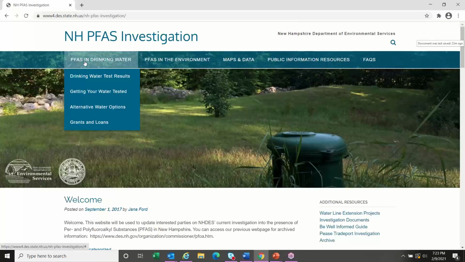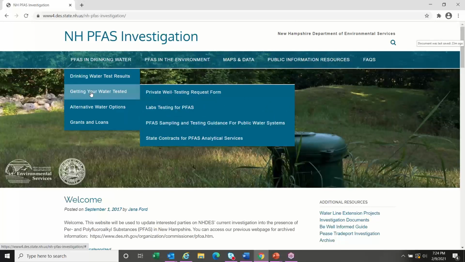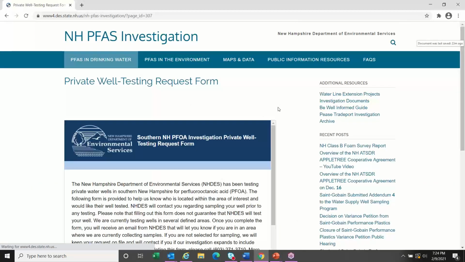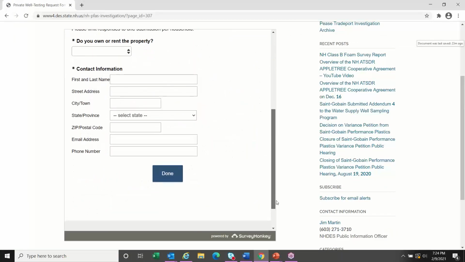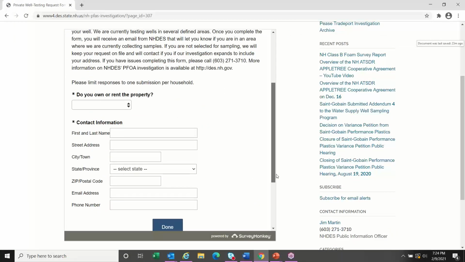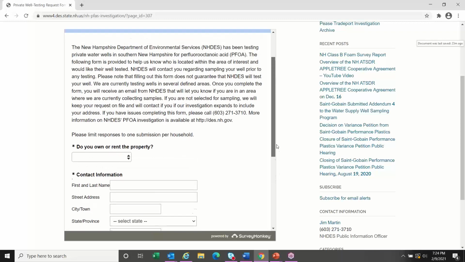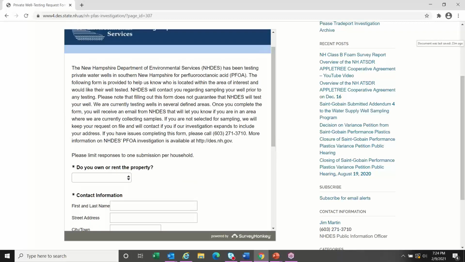Up here in the top left, this drop-down menu, you see a choice here, getting your water tested, and then to the right, private well testing request form. If you click on that, it brings up this form that you can fill out with your information if you're interested in having your well tested for PFOA.